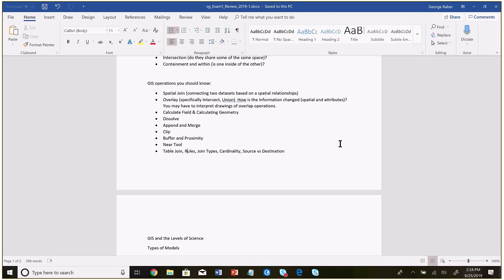So if one record joins with 5 other records in another table, your output table will either summarize those 5 records, or it'll now have 5 records in the output table, one for each of those joins.